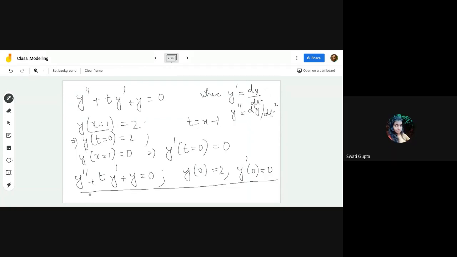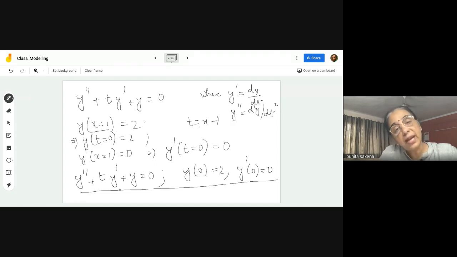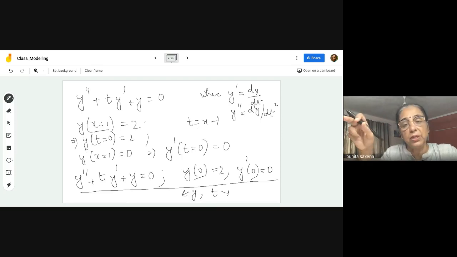Yes, ma'am. So in a way, we have translated our given differential equation, but now my initial conditions are back at 0 in terms of t, not x. So my new variable is t, where y is the dependent variable and t is the independent variable, whereas my original differential equation is in terms of y and x.